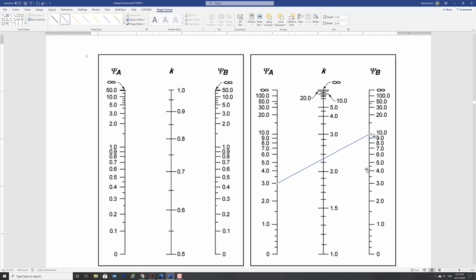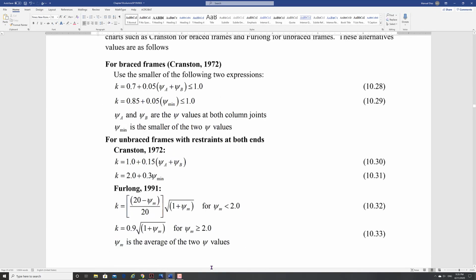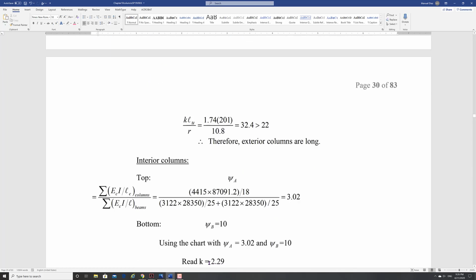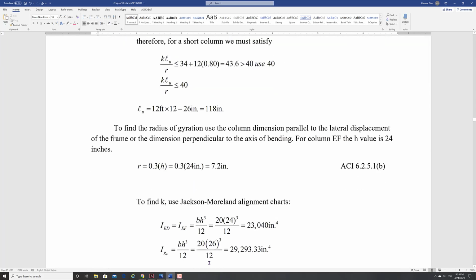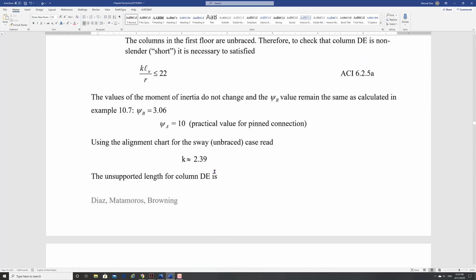So, or 2.3, I mean, that's okay. So let's see what I did. So we're doing this one, 2.29. I don't know why. Yeah. So it's 2.29, right?